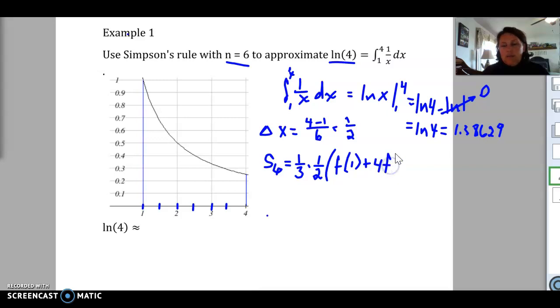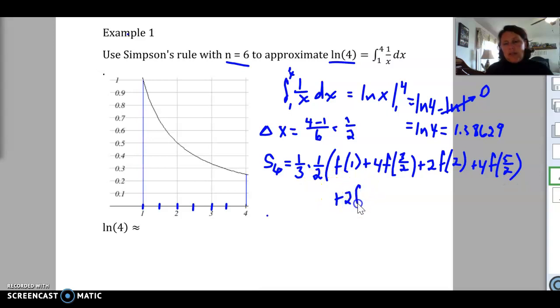So 4 times f of 3/2 plus 2 times f of 2 plus 4 times f of 5/2 plus 2 times f of 3 plus 2 times f of 7/2 plus f of 4.